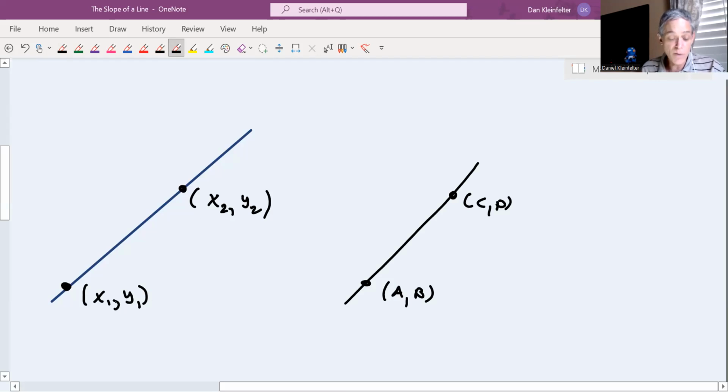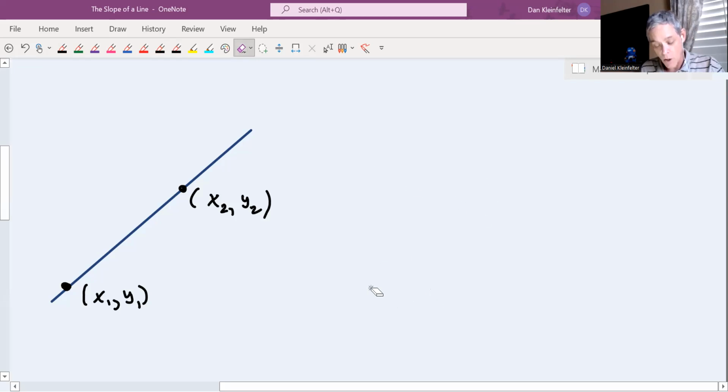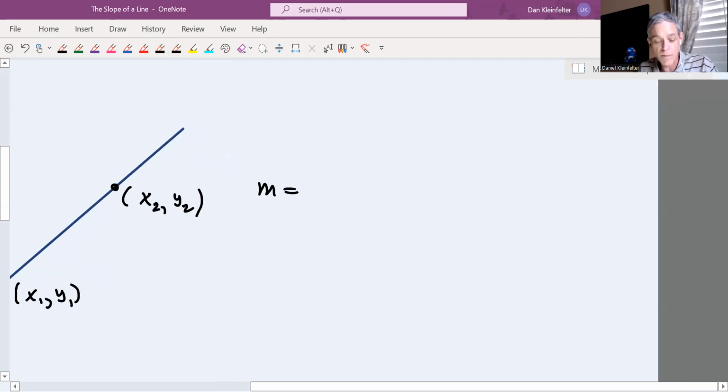If we just label them using subscripts, then it's clear that x1 is the x coordinate of point number 1, and y2 is the y coordinate of point number 2. So we're just numbering our x's and numbering our y's. That's all that is.